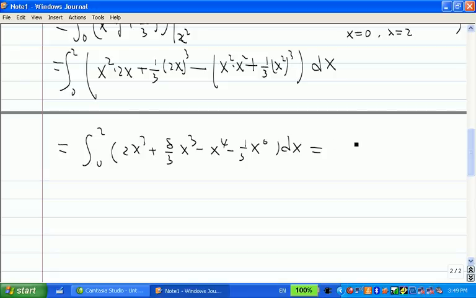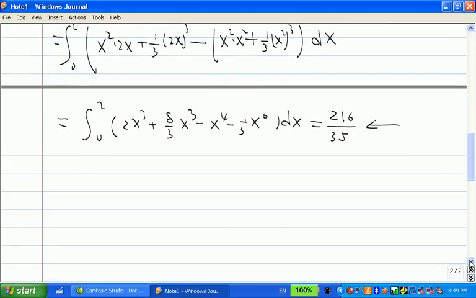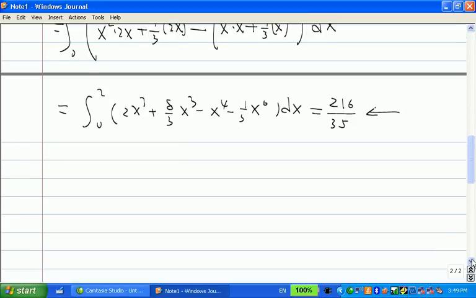Okay, once you integrate that, you know how to integrate this. This is a polynomial, a simple integral. 216 over 35. So what is this number? That's the volume under that surface restricted on the region D.